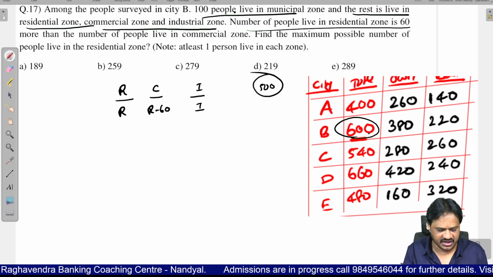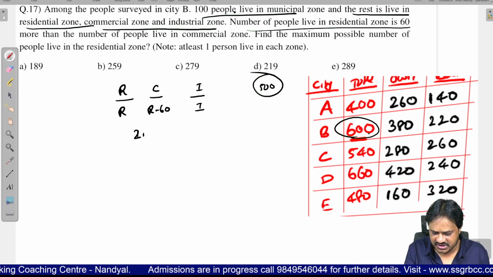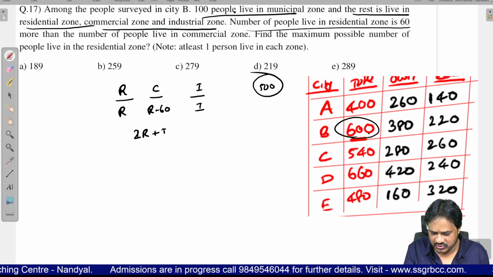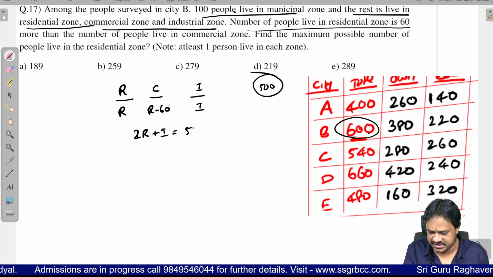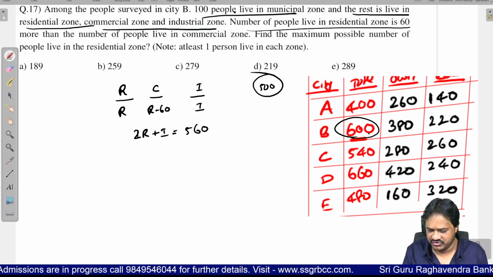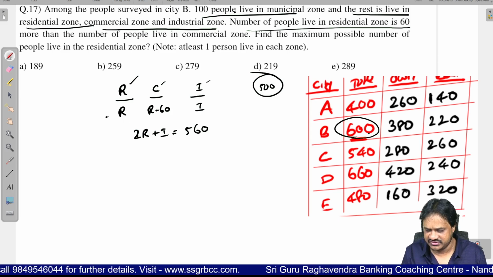Industrial I am taking I only. Now if you do this total, R plus R means 2R, 2R plus I. This minus 60, if it goes to the other side, it becomes plus. It will be equal to 560. So residential, commercial, industrial, if you add all these three values, you will get 560.